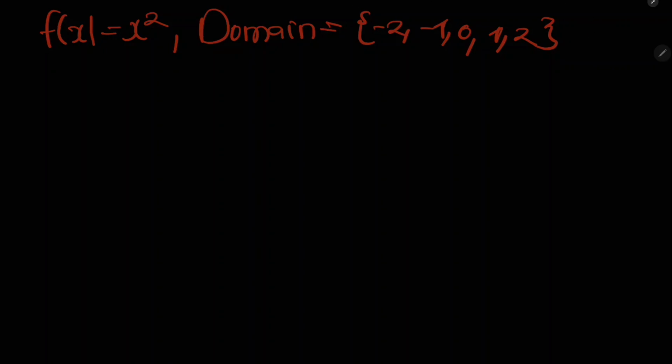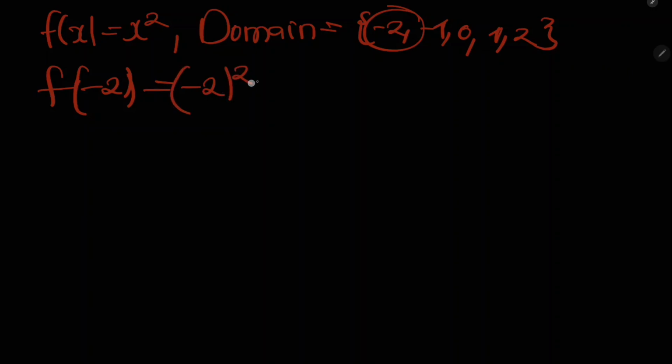This is our domain, it has been given. So let's start with the first one, f(-2). We know f(x) is x squared, so we substitute -2 into this equation and get (-2) squared, which is 4.